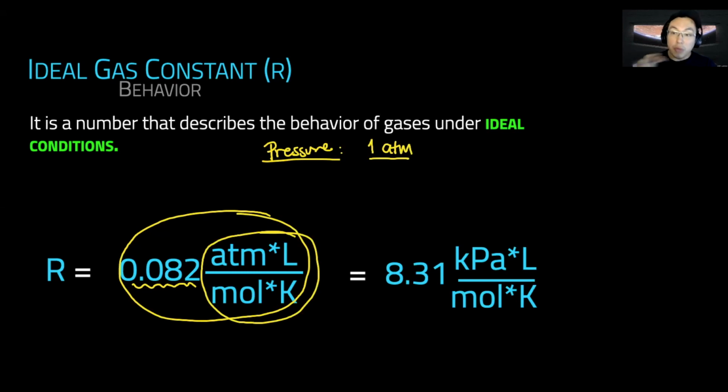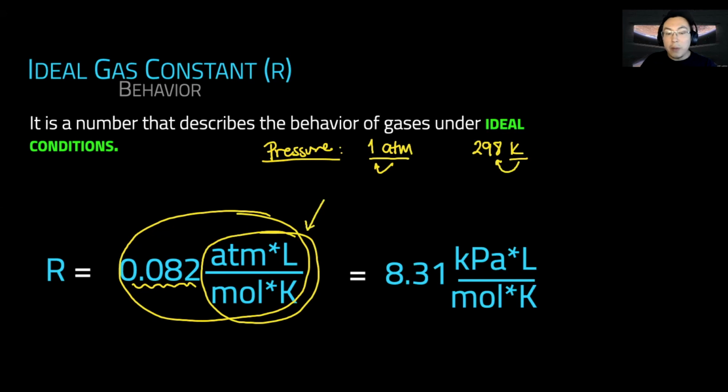Now, in your procedure, you'll need to substitute these units with a value. They're just a unit, right? Just as ATM or atmosphere is the unit for pressure, or 298 Kelvin would be the unit for this number for temperature.